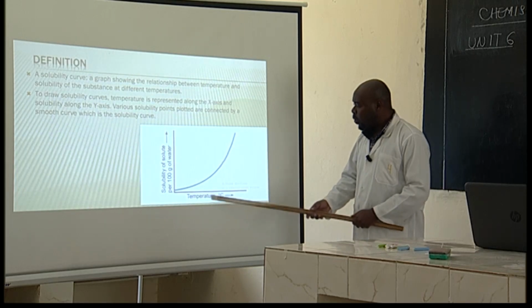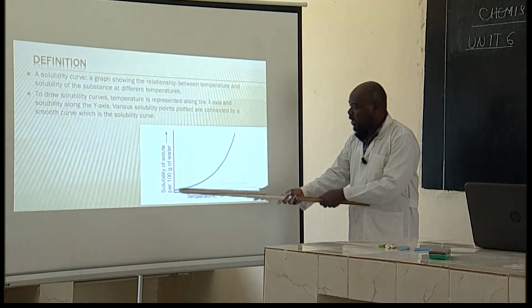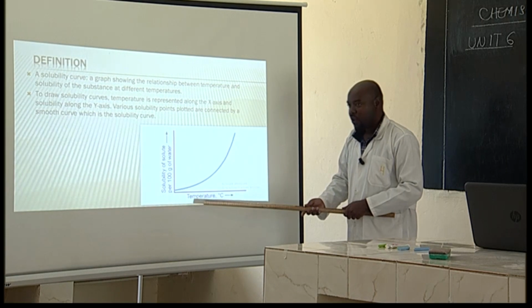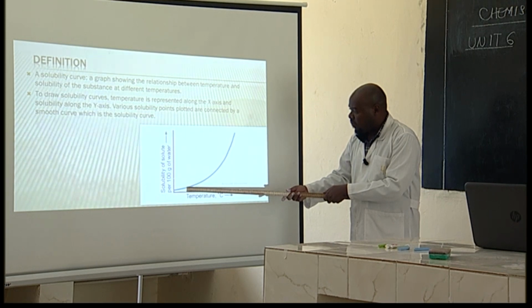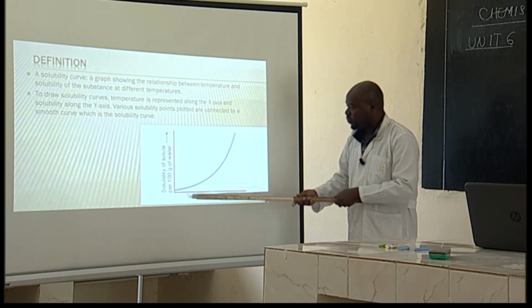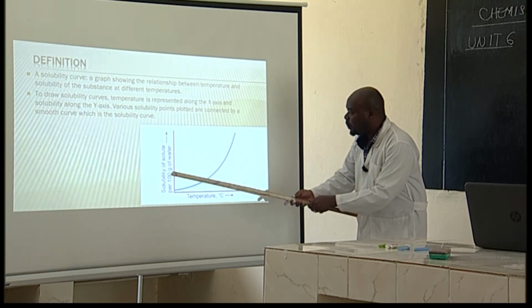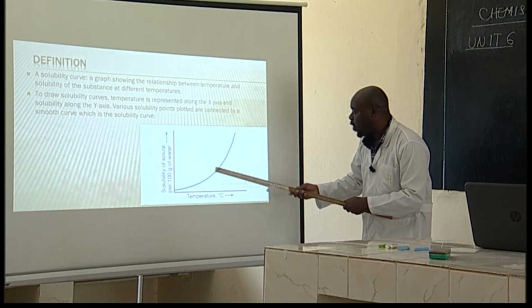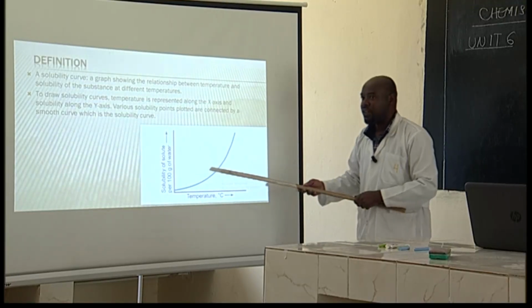If, for example, we consider the point here, let us say here we have 5 and here we have 2. What does it mean? It means that the solubility here at this temperature is 2. So we always connect 2 points, a point from y and a point from x. At a given temperature, there is a specific solubility value.